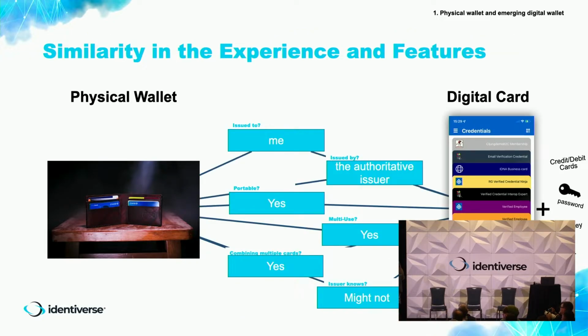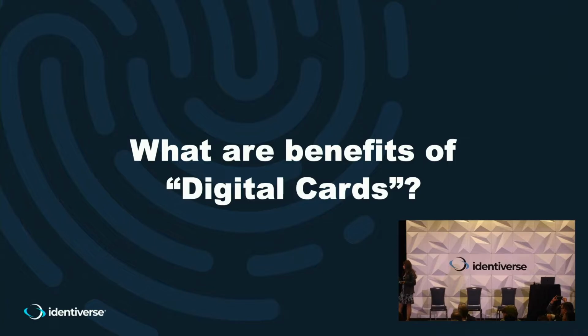So quite some similarities, right? In this convenient user experience we're so used to. My card issued to me by the issuer I trust. I can carry it around, use it multiple times until it's revoked or expires. I can combine it with other cards, and the issuer might or might not know where I'm using it. So some privacy protection, right?